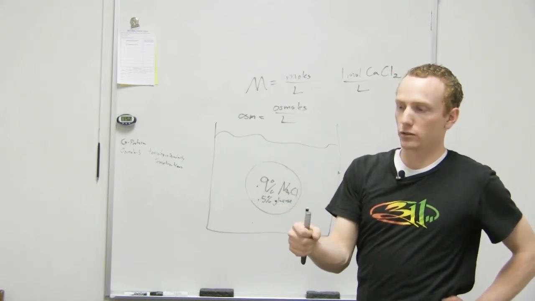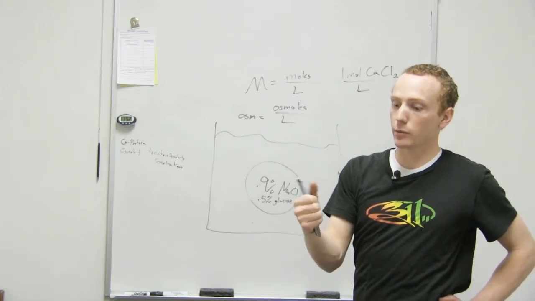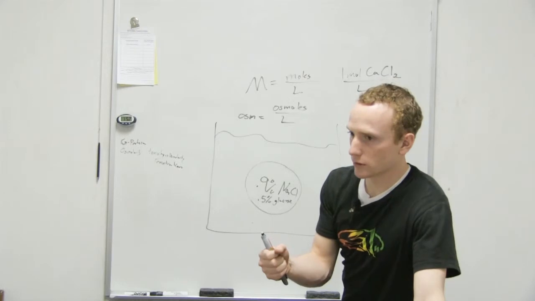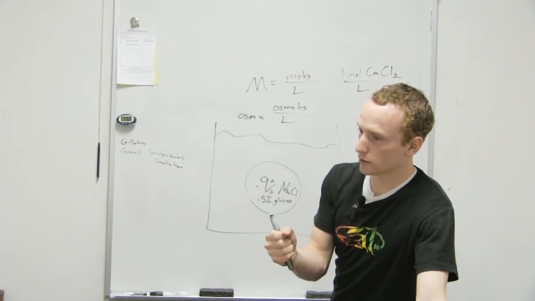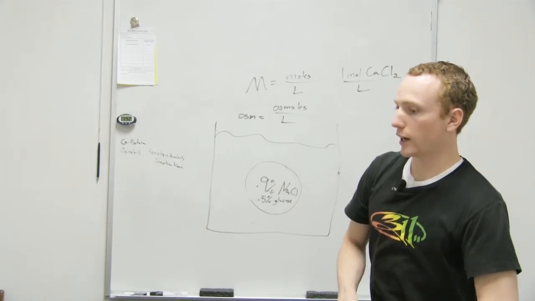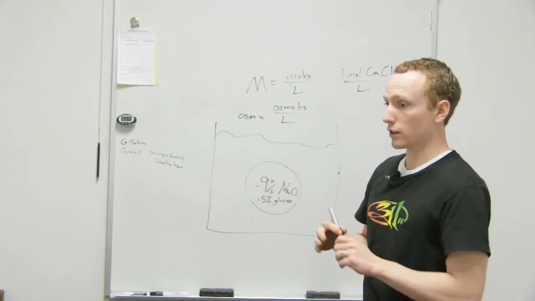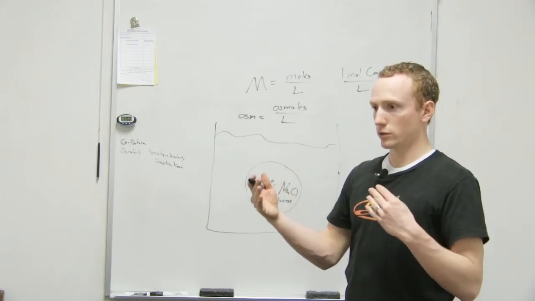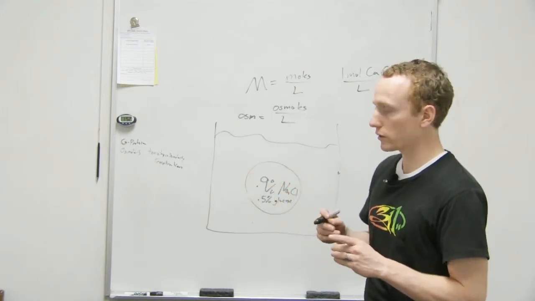Hyperosmotic, hypertonic, hypotonic, or isotonic? Hypertonic, because the water flows out. So it was both hypertonic and hyperosmotic. One was referring to the number of particles. One was referring to what happens to the cell because of osmosis.